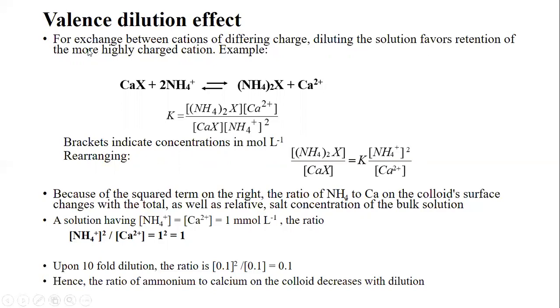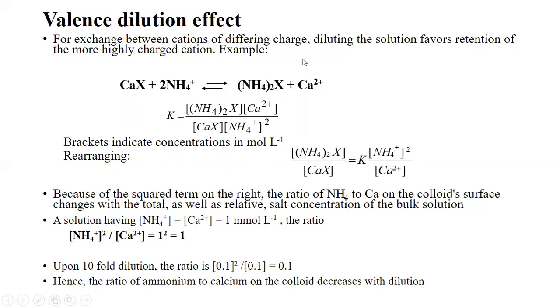We read it again. For example, if we take a cation that has 2 charges, divalent, and another one monovalent, for exchange between cations of differing charge, if we dilute the solution, what happens? It favors retention of the more highly charged cation.